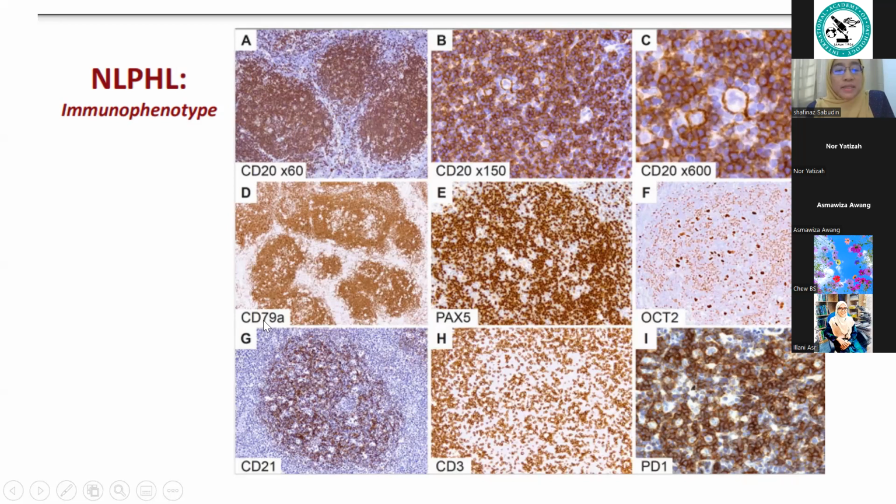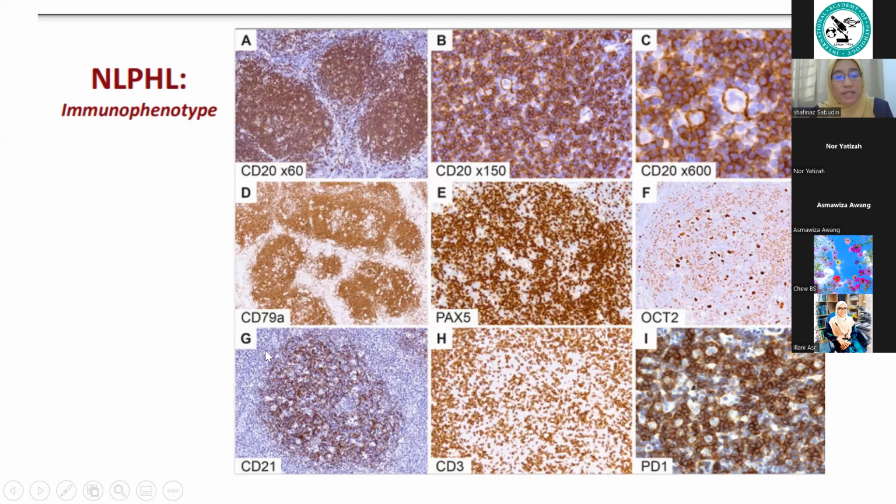Other B cell markers, CD79A, will also highlight similar information, as well as PAX5 and also OCT2-BOB1. OCT2-BOB1 will strongly highlight the LP cells within the background B cell lymphocytes.